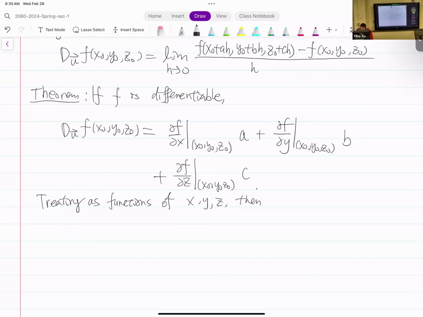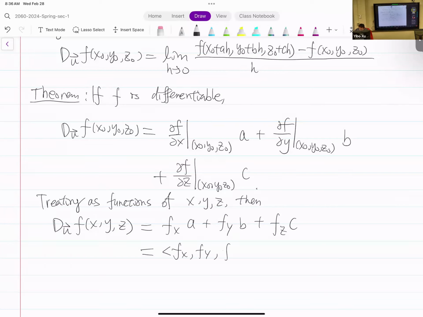then the directional derivative along u of f of x, y, z, right, at any point is gonna be, so here we just need to abbreviate. So we just omit the tuples, right? So here this is f sub x times a plus f sub y times b plus f sub z times c. Okay? And then if you want to put it down as the dot product, it's gonna be the vector having the components of f sub x, f sub y, f sub z, dotted with our unit vector u.